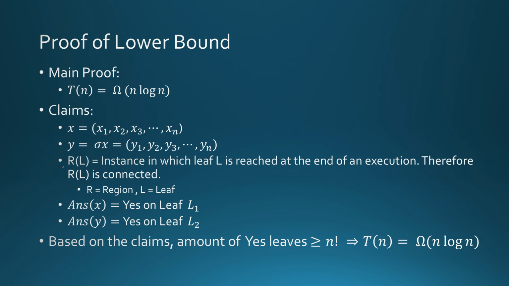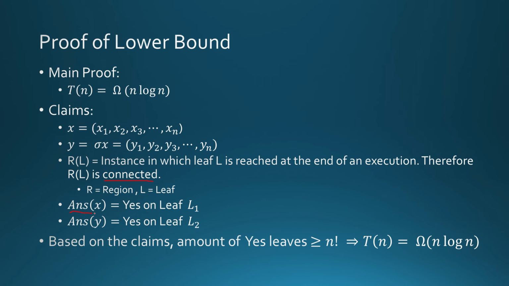We're also claiming that RL, which is the instance in which leaf L is reached at the end of the execution, is connected. We're saying that the region in which leaf L lies is a connected region, right? That's the third claim.